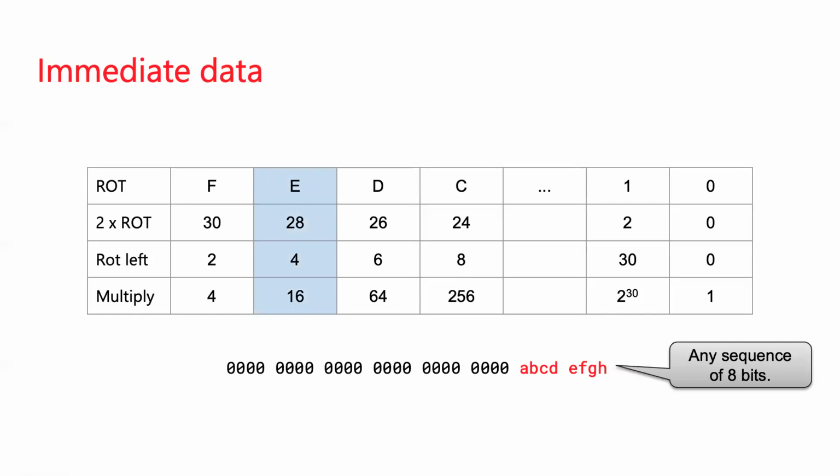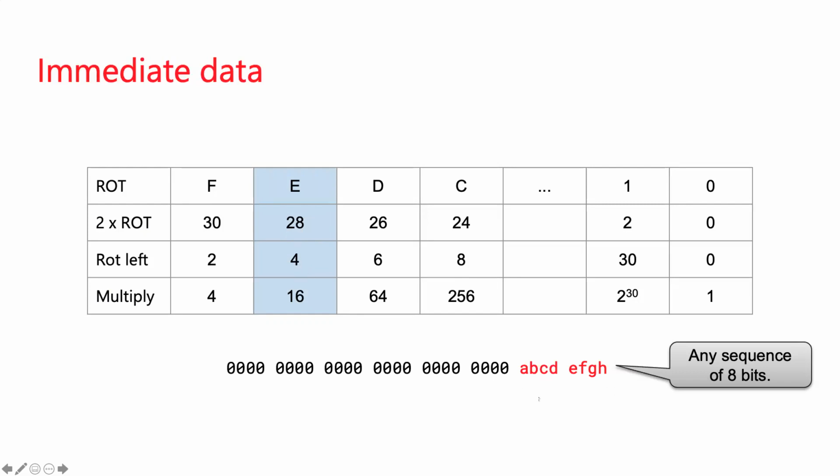So if you gave E as the rotation, that means rotate 28 bits to the right, twice that many bits to the right, which is the same as saying rotate to the left by 4.